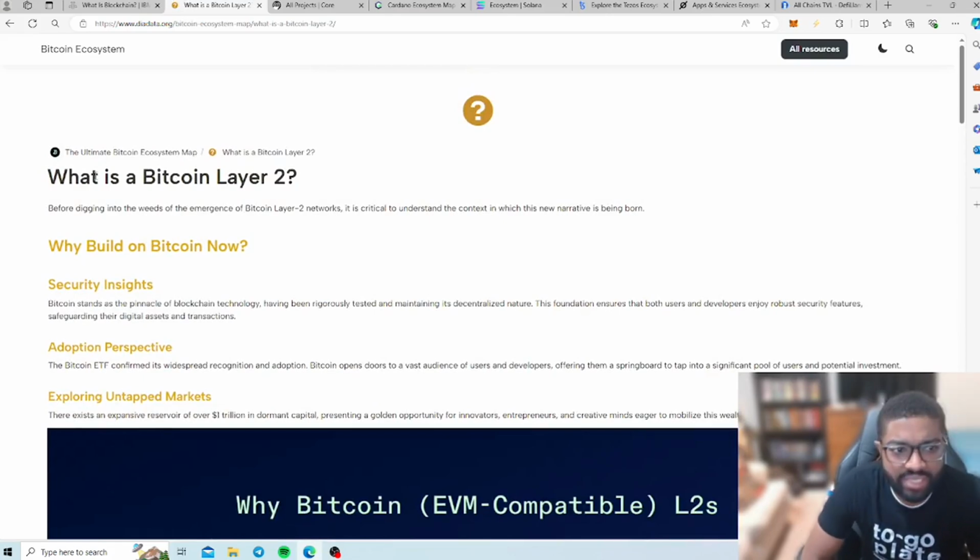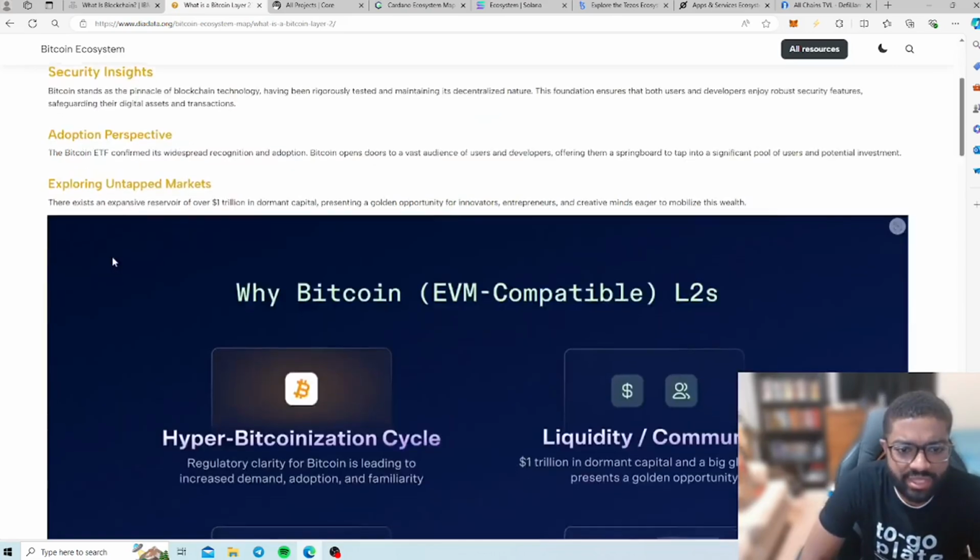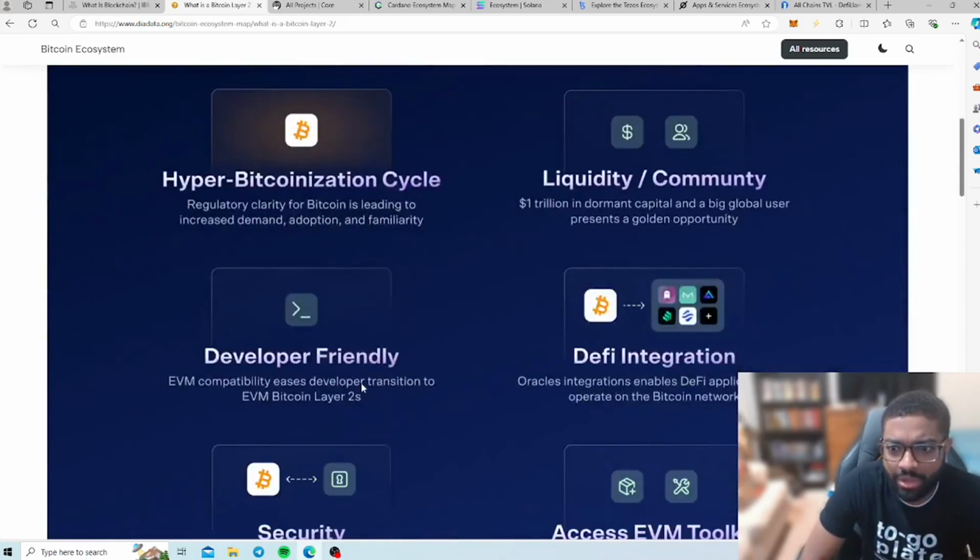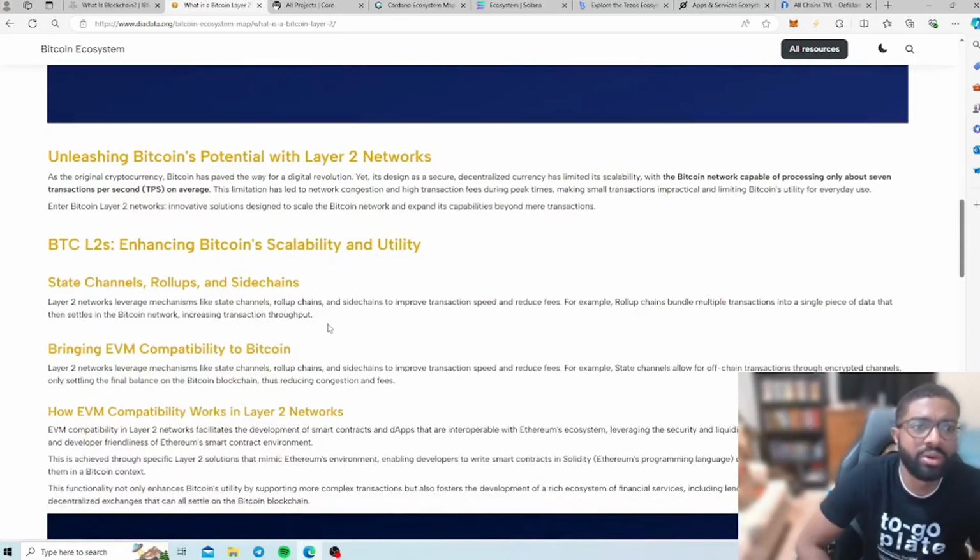Bitcoin stands as a pinnacle of blockchain technology and has been rigorously tested while maintaining its decentralized nature. The foundation ensures both users and developers enjoy robust security features, safeguarding their digital assets and transactions. So let's look. These are some of the Bitcoin layer 2s, unleashing Bitcoin's potential with layer 2 networks.